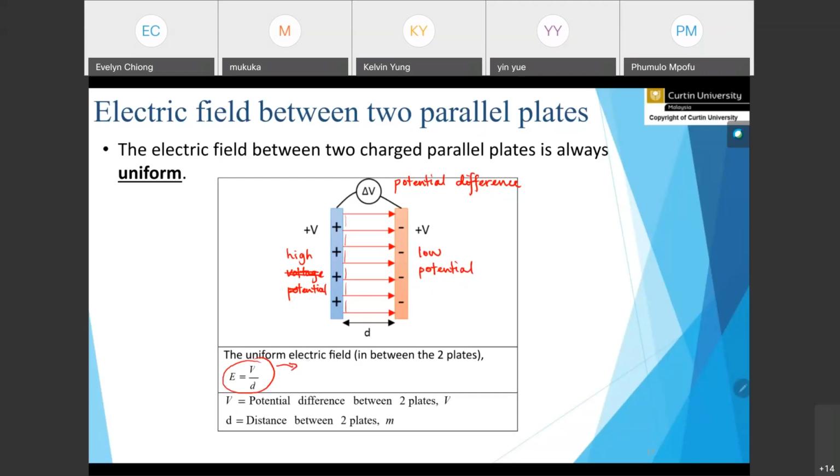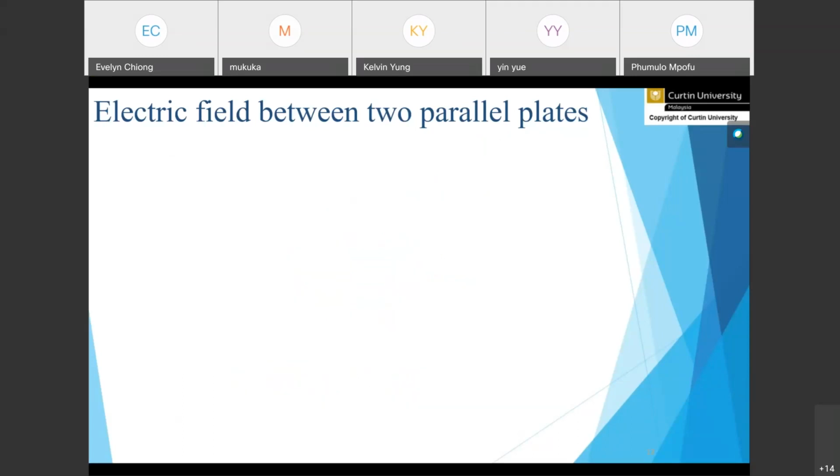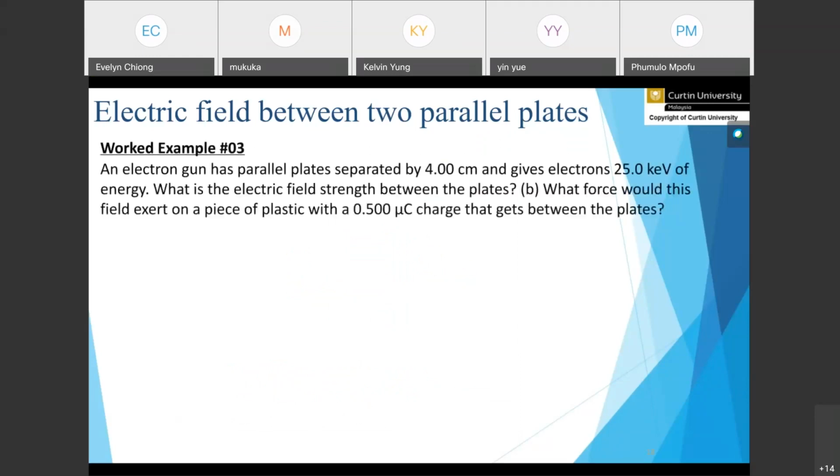So this one is the potential difference, and this one is the distance between the plates. Oh, it's already written down. All right. So electric field between two parallel plates.